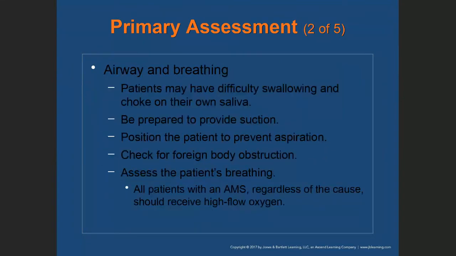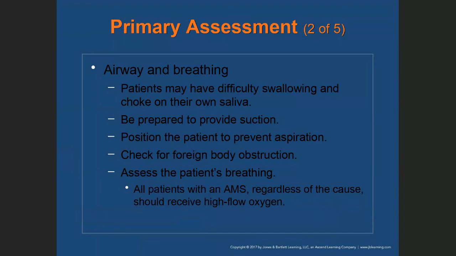We know this by now. Patients may have difficulty swallowing, or choke on their own saliva. Be prepared to provide suction, especially for your patients who are unresponsive or in the post-ictal state of a seizure. Position the patient to prevent aspiration.